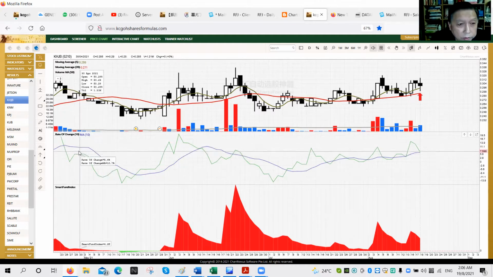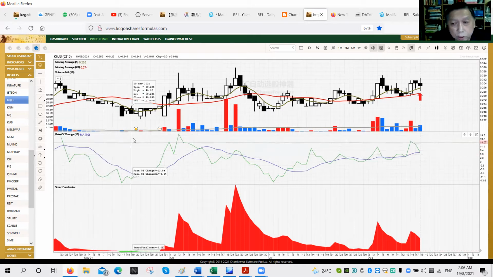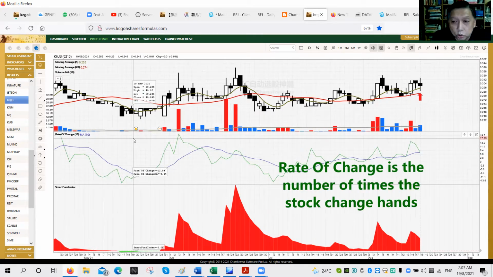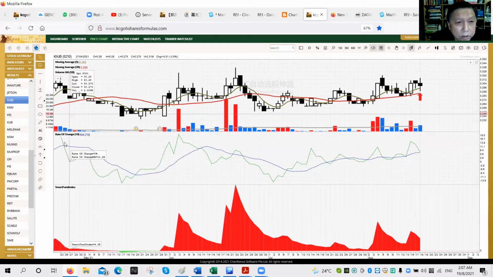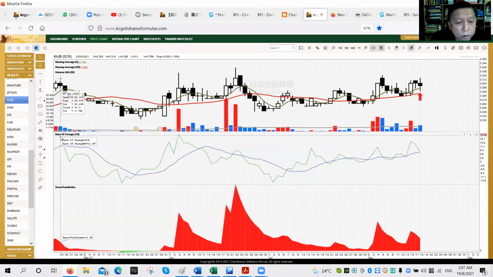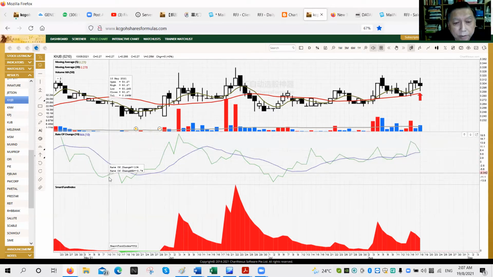A little bit on the rate of change. Rate of change is like when traders are trading the stock, the number of times the stock changes hands. You can see that when the price is coming down, the chart for the rate of change is also coming down.